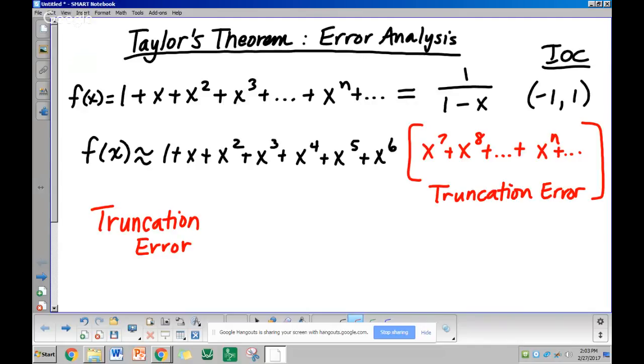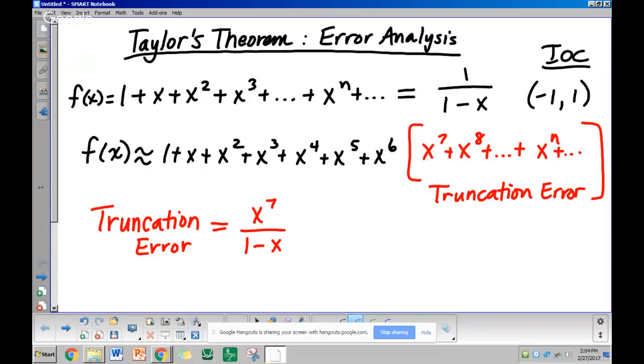This is a series in its own right. And so what does that equal? What is its a sub 1? x to the 7th over 1 minus x, because r is still x.